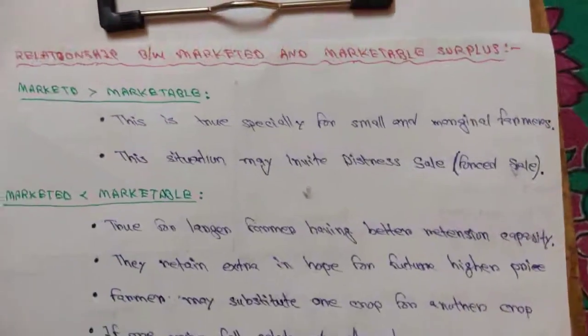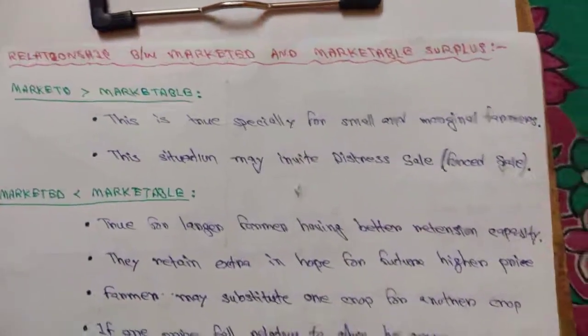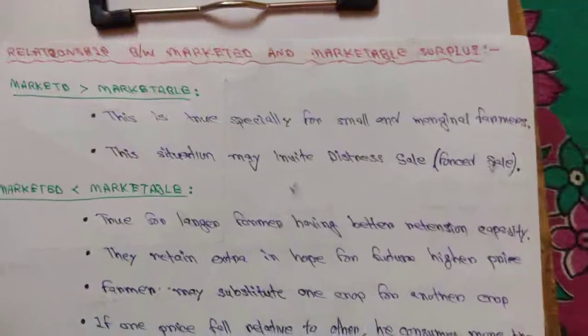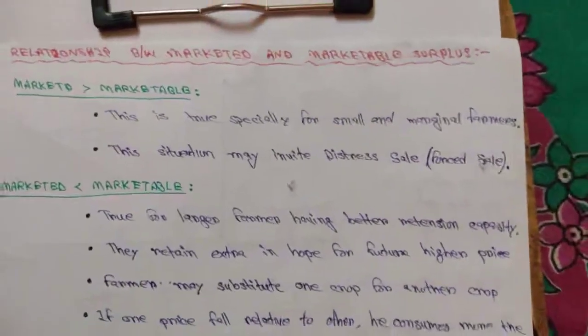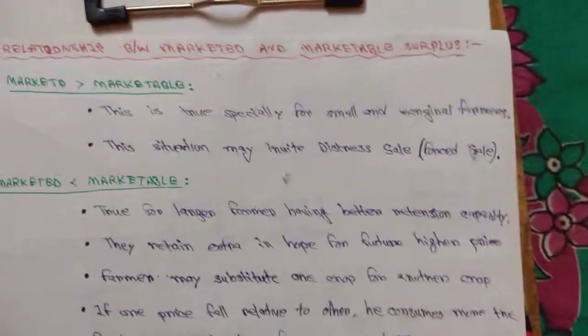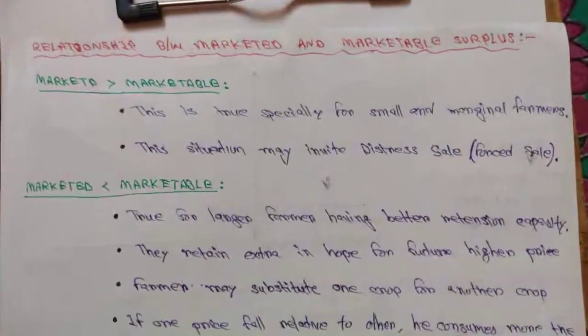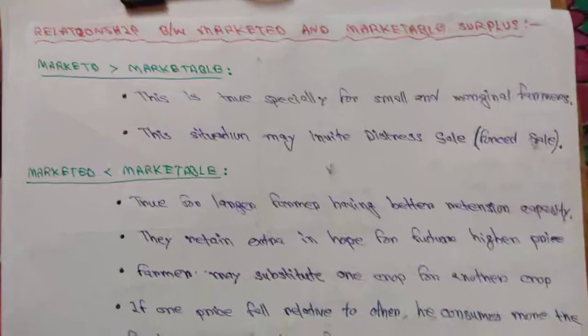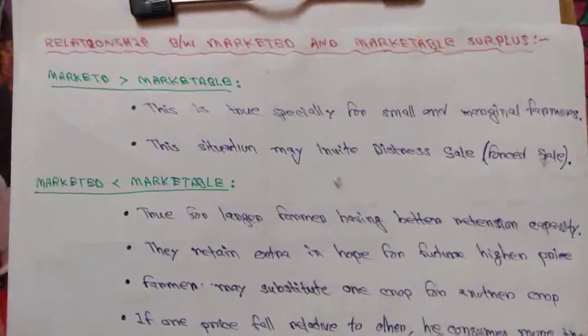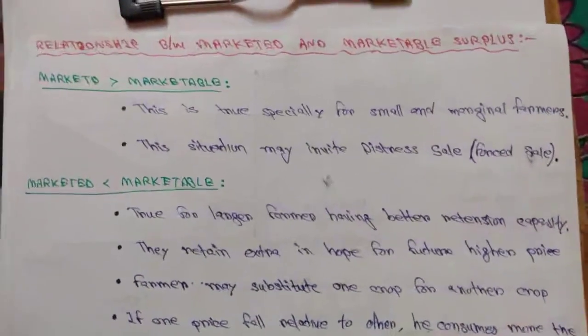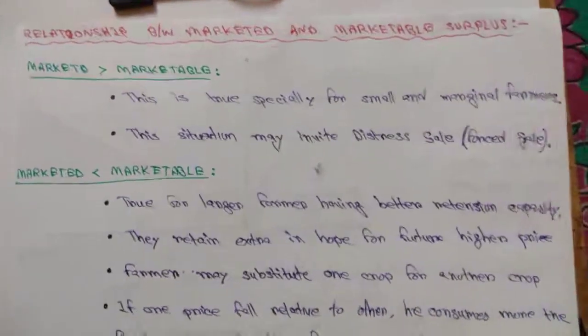This is true especially for small and marginal farmers. Those farmers who are small cannot store their product, so they try to sell more and more for their cash requirement, because their production is very less. But as we know, the cash requirement of a farmer is fixed, so they try to sell more and keep very little for consumption or family requirement.